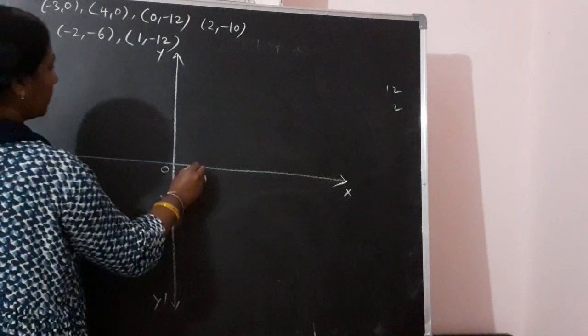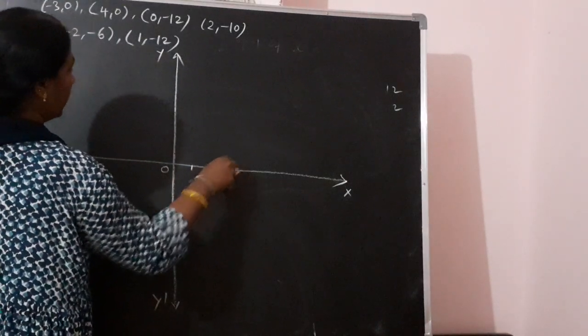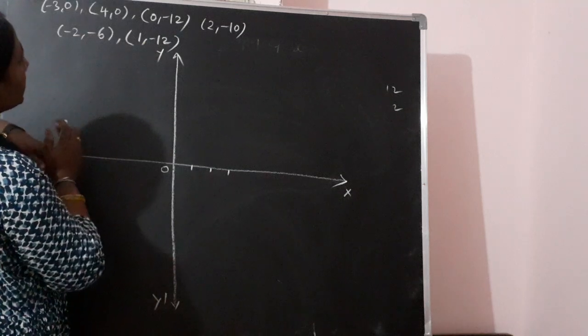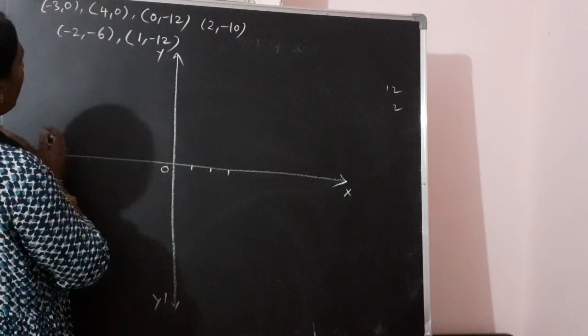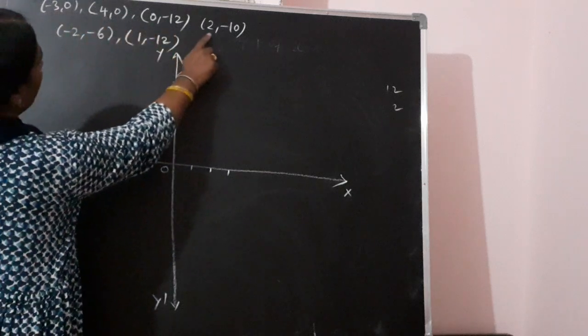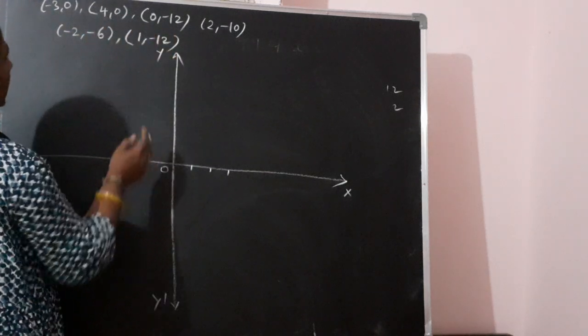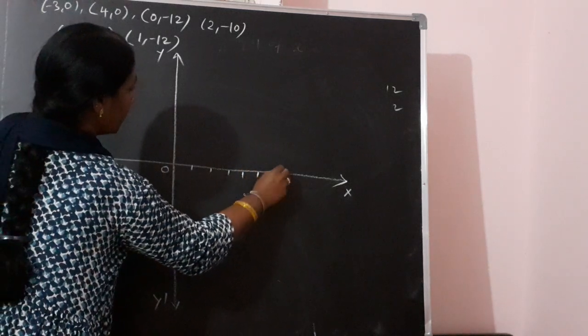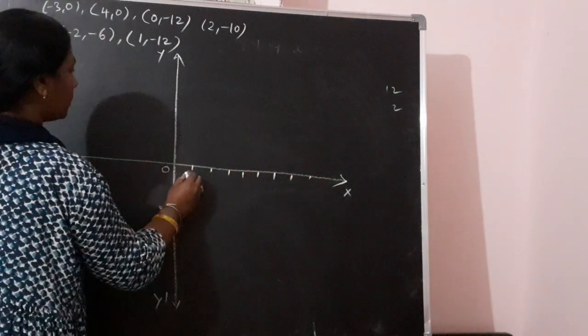Now here we have to take values. Depending on this, you have to see the x values, what is the highest negative and the highest positive. The numbers are minus 3, 4, minus 2, minus 1. It lies between only 4 and minus 4. Just taking an extra one is also no problem.